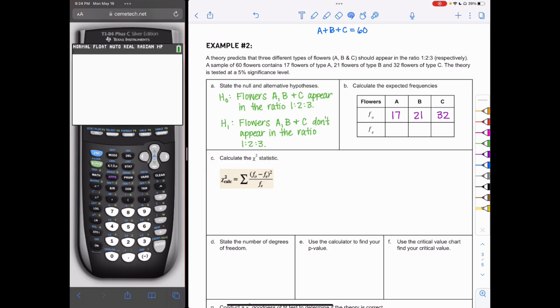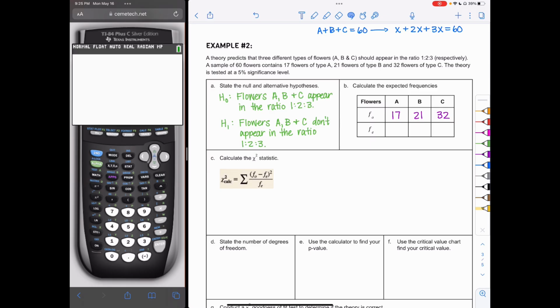Now, because I don't know how many of them I have, I'm going to represent the number of flowers of type A as X. So based on the ratio, I will end up with the equation X plus 2X plus 3X is equal to 60.